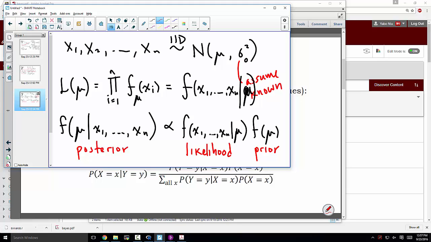Give it a big range and let it be uniformly distributed to reflect very vague prior beliefs. Once we see data, if we're willing to assume a distribution, we have a likelihood. And once we have those two things, we can get a posterior.